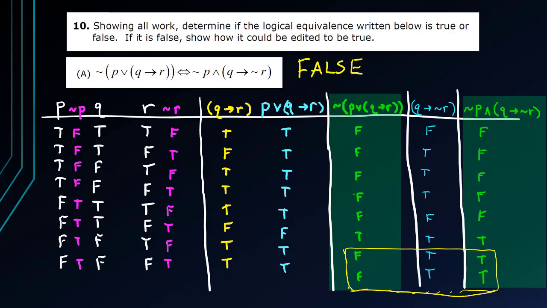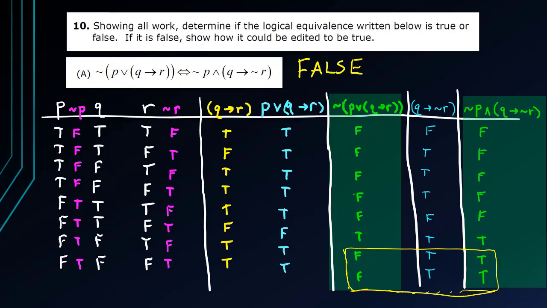Now comes the second part. How do I correct this to make it true? That's where it gets to be tricky. What I'm about to show you is one possible answer. You could actually make some change. It shouldn't change the entire way this thing looks.